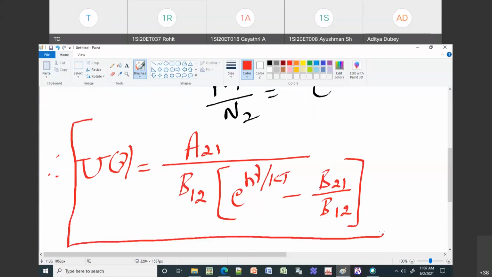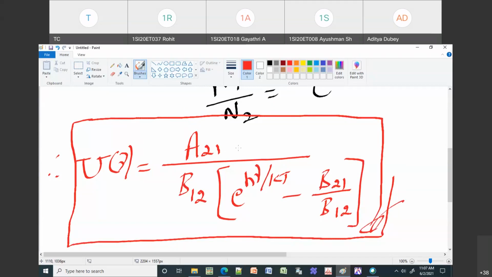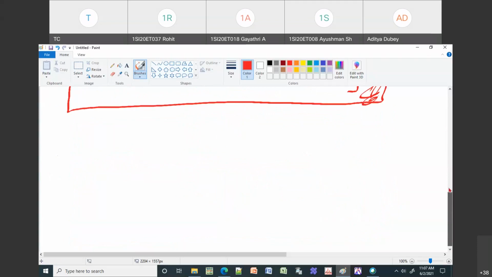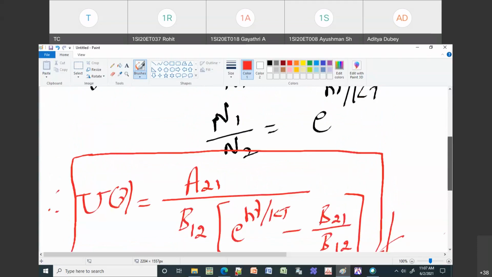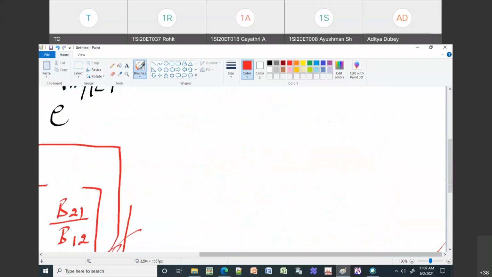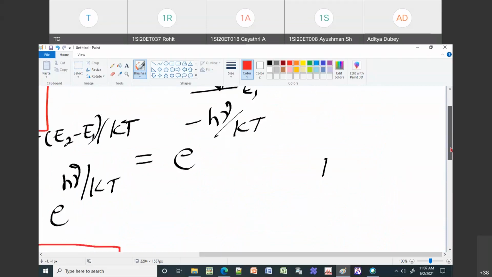We got rid of all the other things and keep only your Einstein coefficients, B12, B21 and A21. So this is the equation that you need to derive for the energy density of the Einstein equation. Now, is it clear up to this?